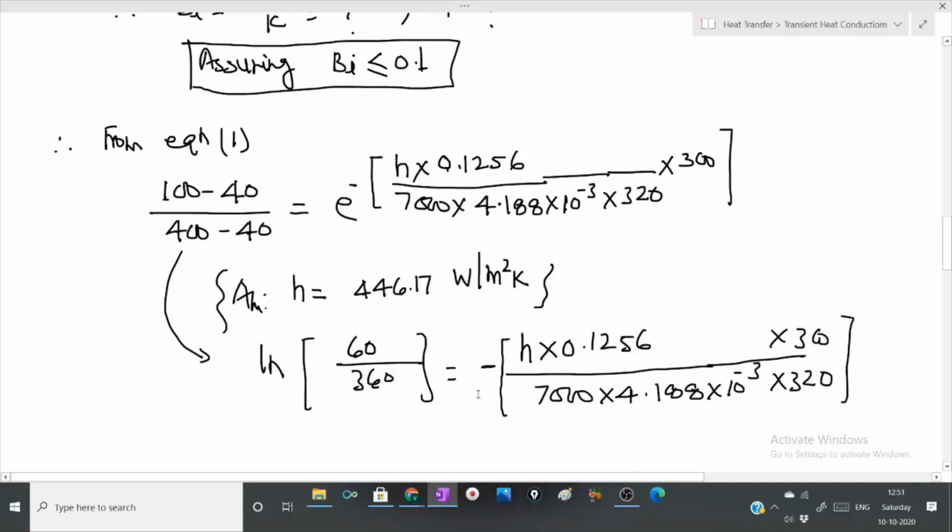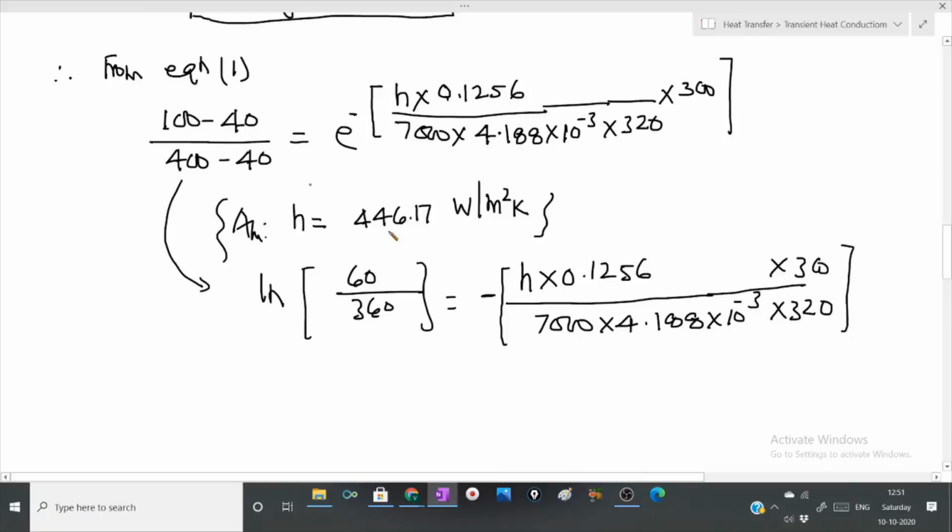So what we are doing actually is taking log of both sides. And now when you solve this, you will get the value of h.